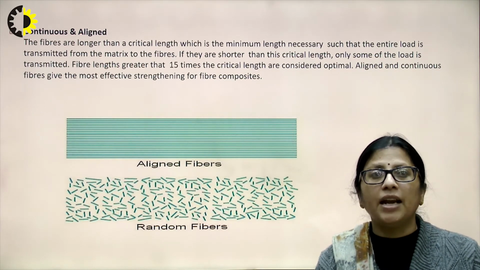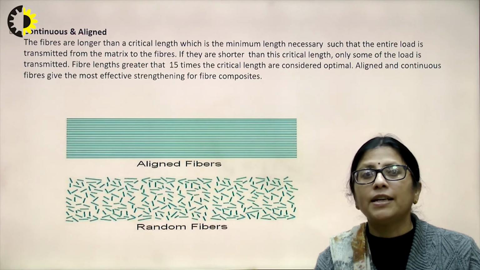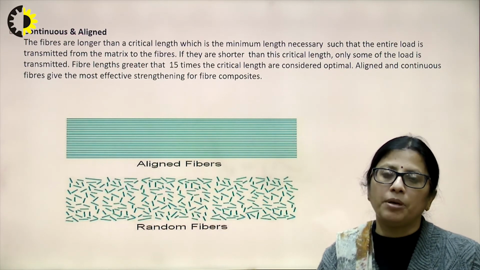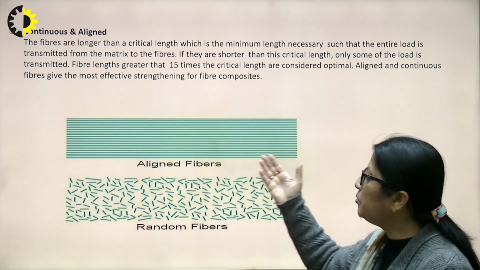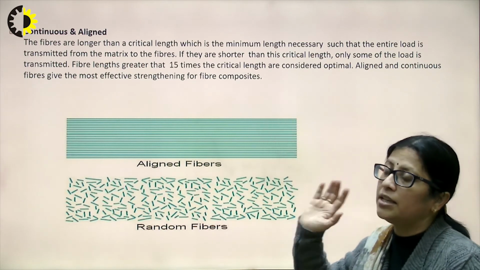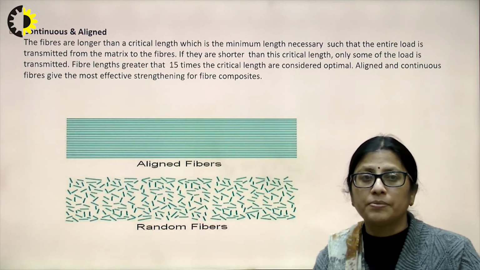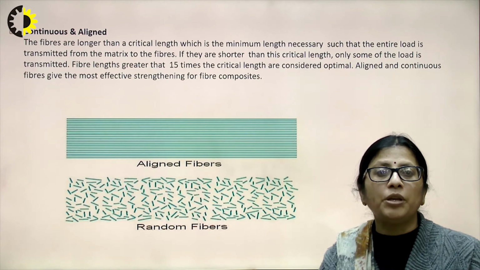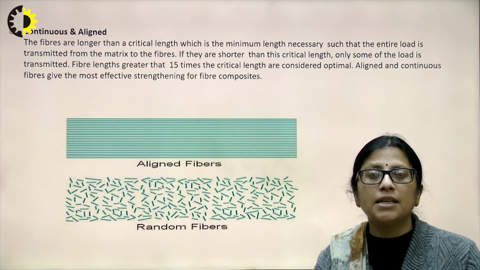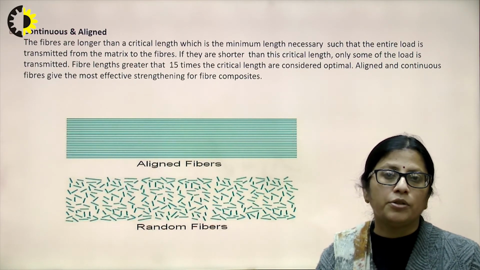Fiber lengths greater than 15 times the critical length are considered optimal. So those fibers we can use where the length is greater than 15 times the critical length, and they are considered as the optimal use.